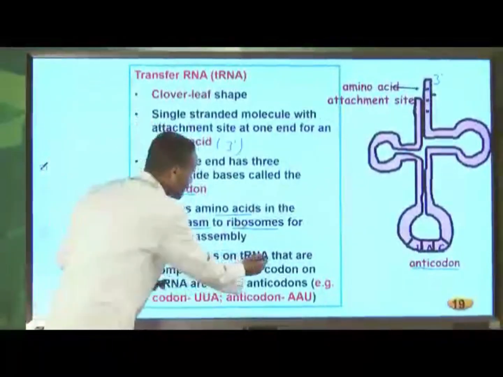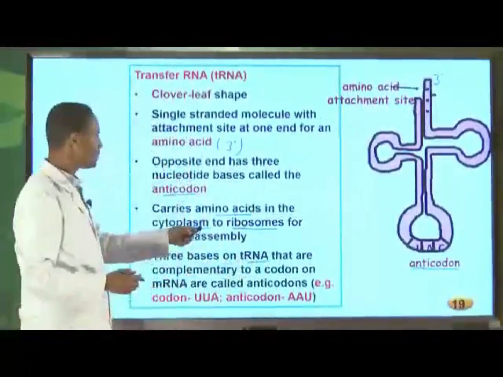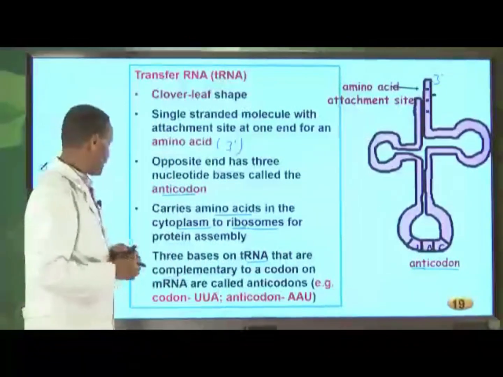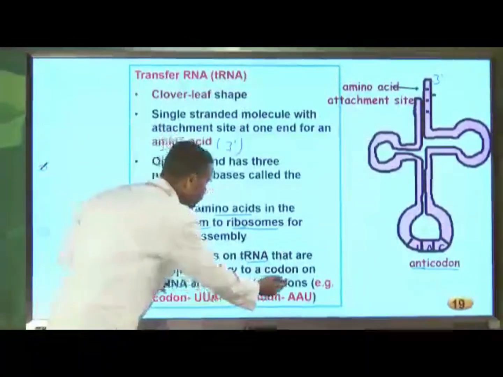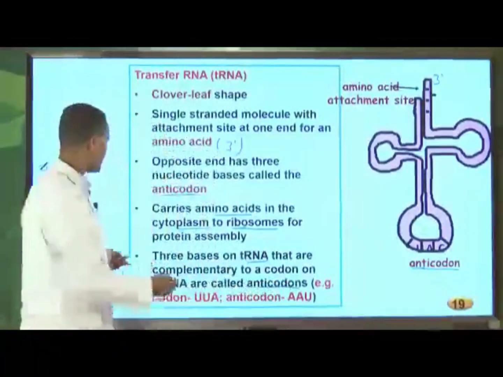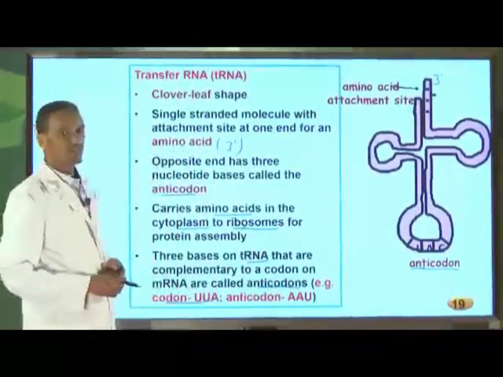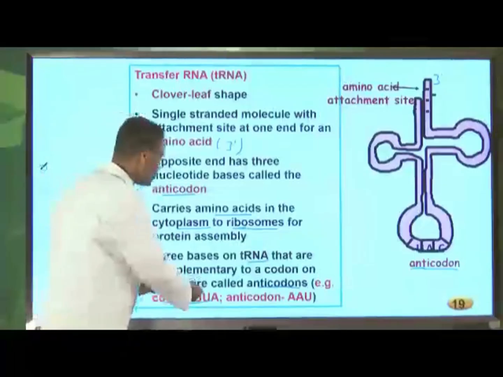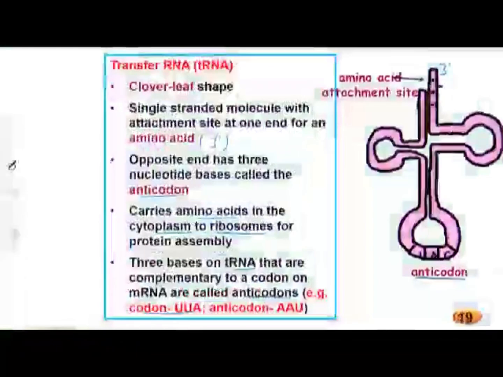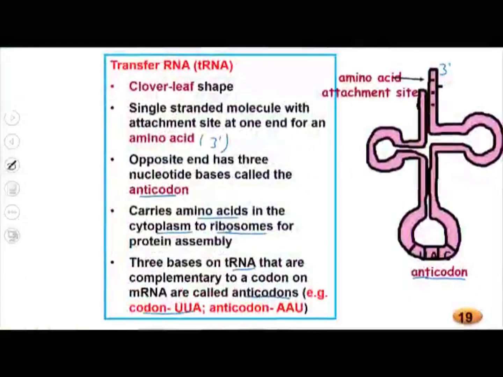3 bases on transfer RNA are complementary to the codon on messenger RNA, which is the so-called anticodon. For example, if the codon on messenger RNA is UUA, uracil uracil adenine, the anticodon is AAU, that means adenine adenine uracil.